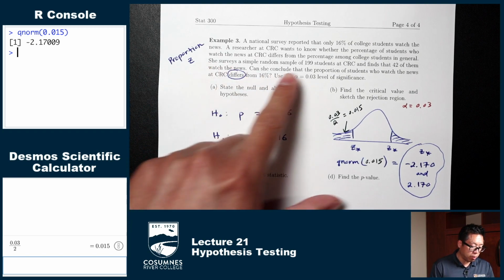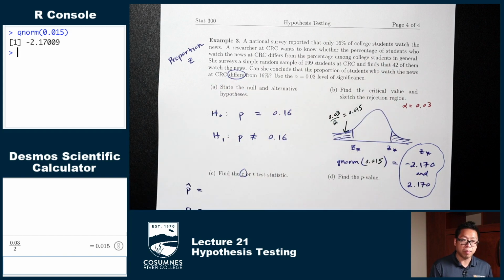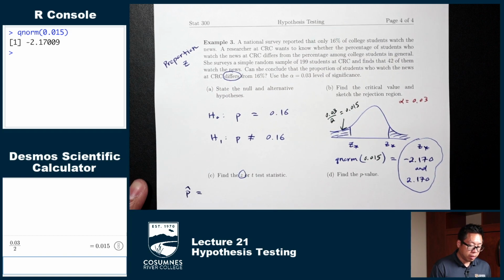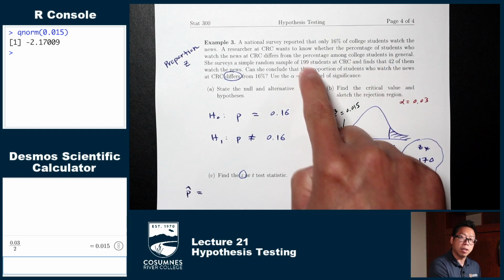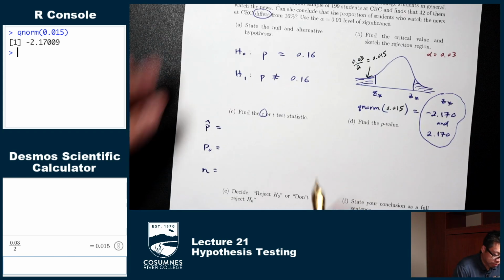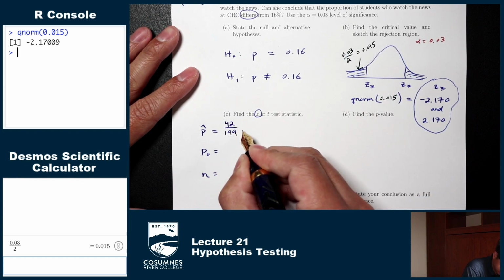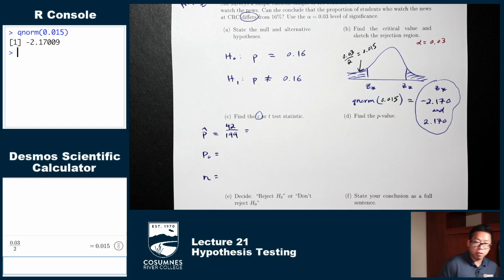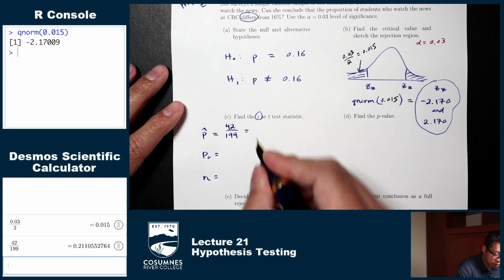She takes a sample of 199 students and finds that 42 of them watch the news. So from our sample, the proportion that watches the news is 42 out of 199. Let's calculate that. Rounded to 3 decimal places, 0.211.